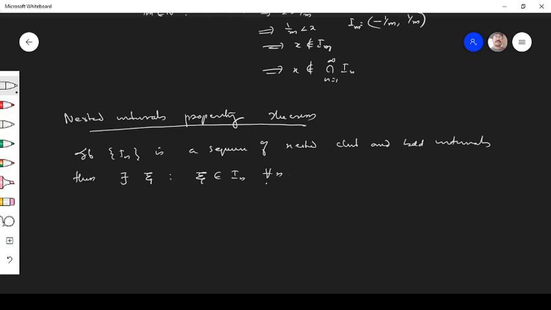So the theorem says that if I_n is a nested sequence of closed and bounded intervals, then there exists a ξ which belongs to I_n for every n.